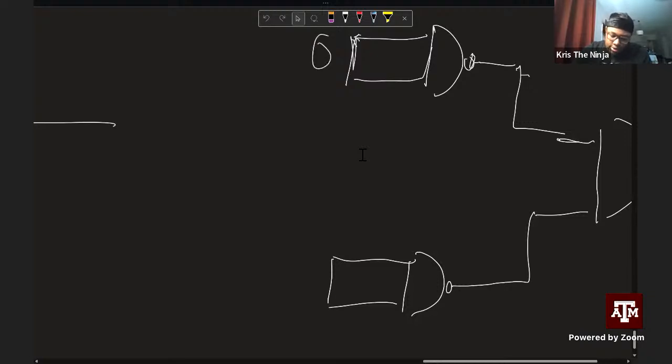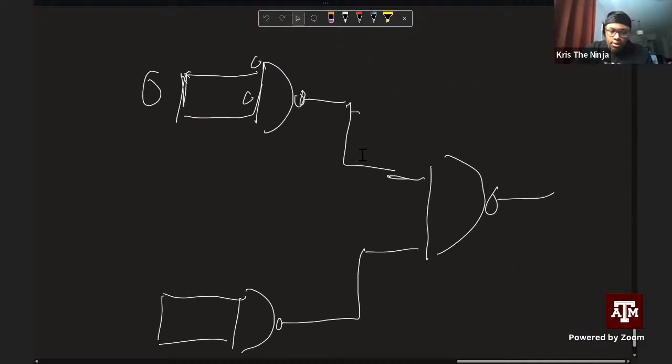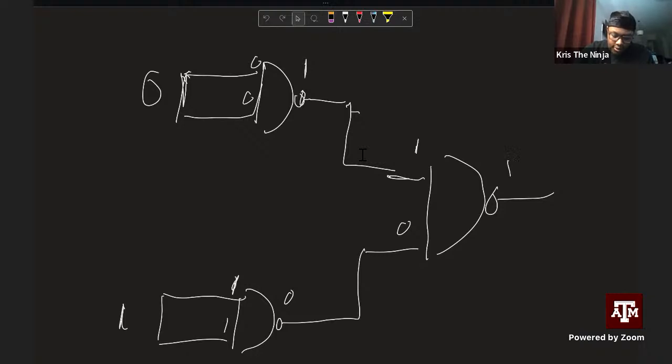It'll pass a zero to here and a zero here. Oh, let me do this. Pass zero here and zero here. This gives us a one out. That puts a one here. If we have a one here, and they'll put a one here, that'll give us a zero out. Well, from the truth table of a NAND gate, one NAND zero gives you one, which is the same thing as if I were to put one and zero into an OR gate.